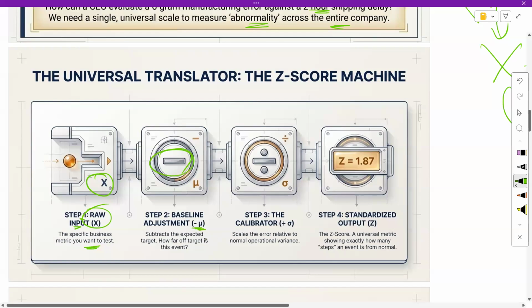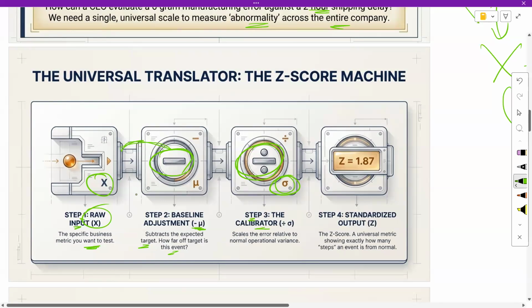Minus the average, mean, mu. Subtract the expected target from x. How far off target is the event? So it's the variance: how far the x value varied from its mean. And then it should be divided by the standard deviation. Here, step 3, the calibrator, we calibrate.